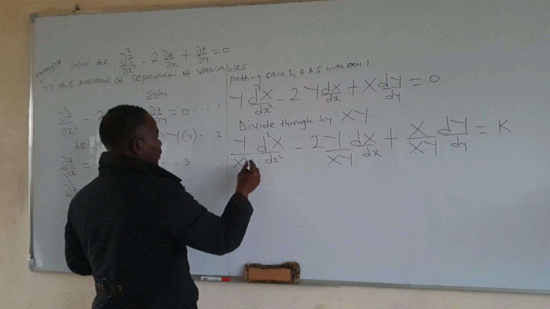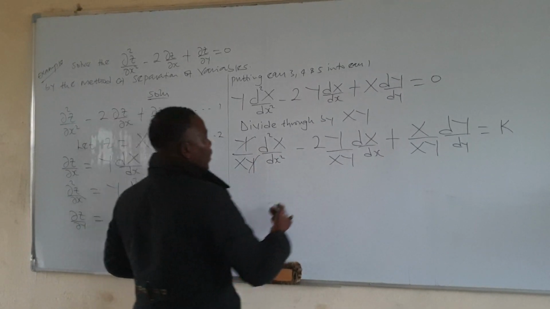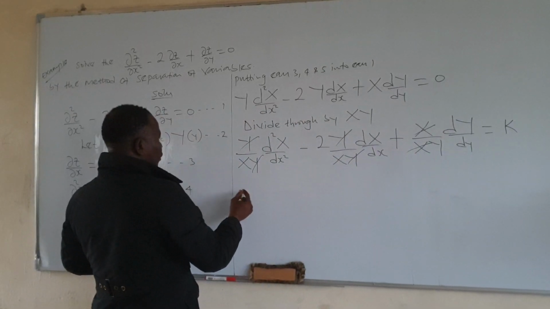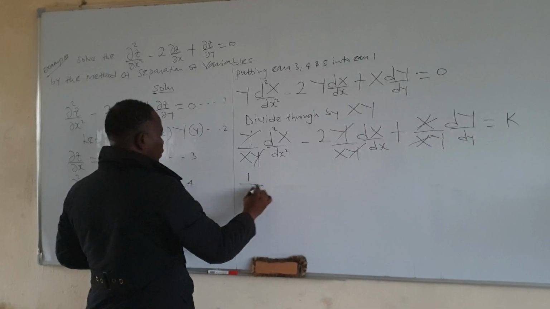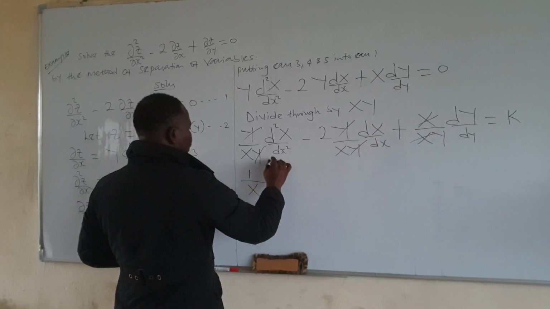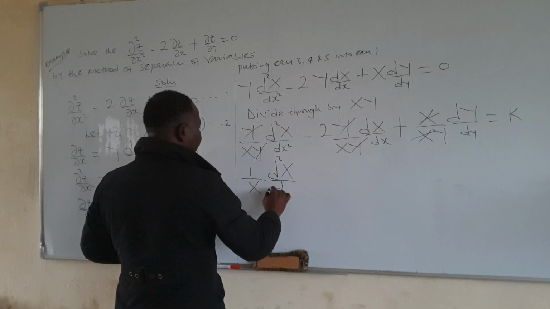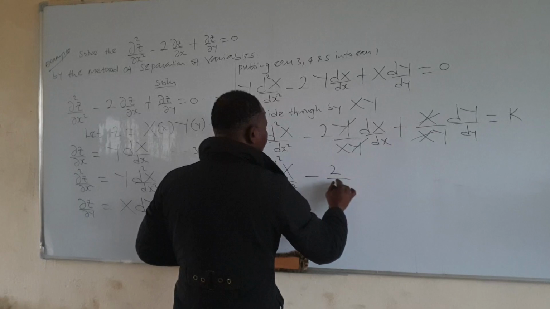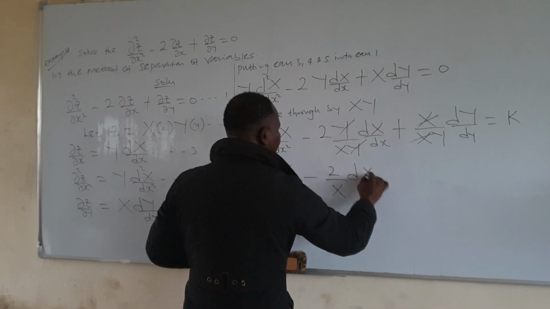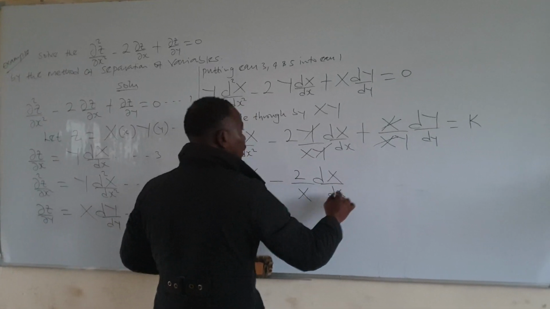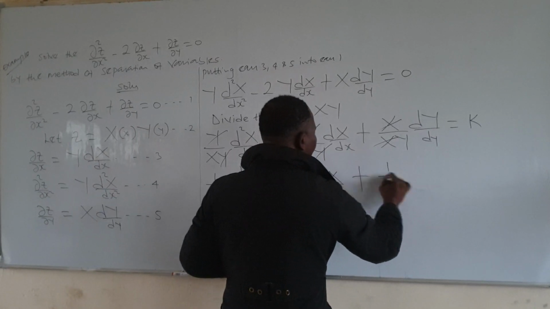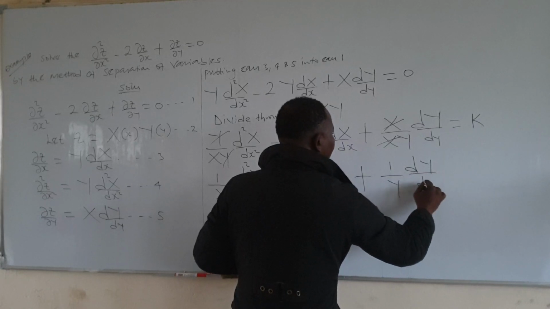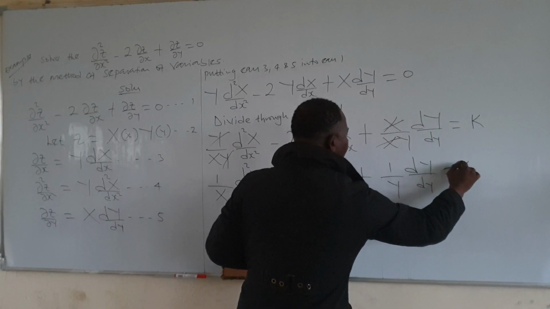So if you can see what I am saying, this and this will cancel. So we are going to have 1 all over X d square X all over dx square minus 2 all over X dX all over dx, then plus 1 all over Y dY all over dy equals k.